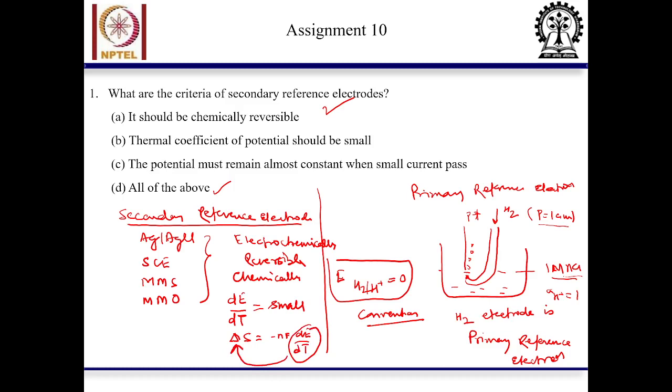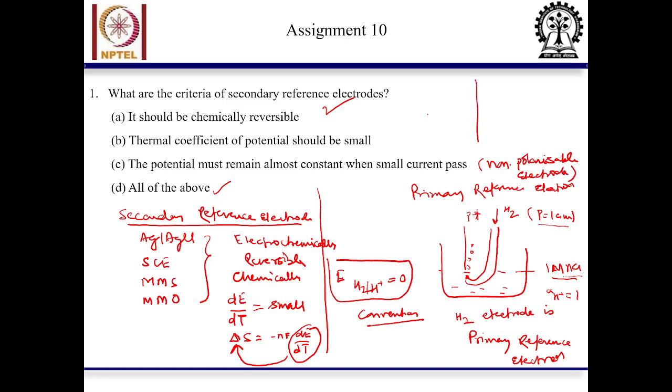And the third and the most important thing is that their potential should be constant when a small current passes. Whenever we are passing a small current, their potential should not change. This is the criterion of a non-polarizable electrode.